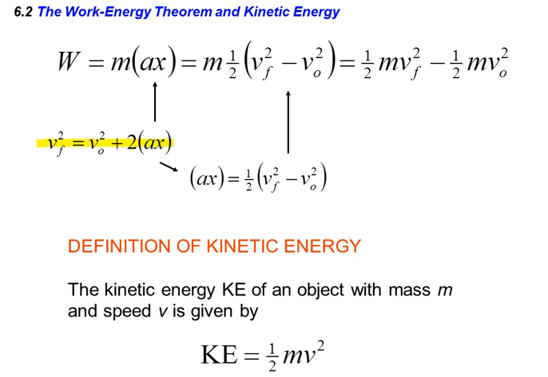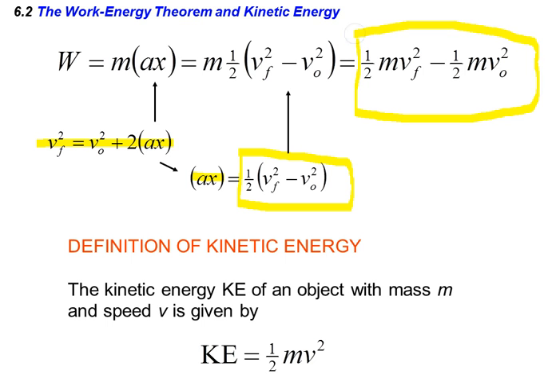So if we solve this equation for ax, we find this expression of 1/2 times the difference of the squares of the velocities. So if we substitute that back in, we get this unique result that the work is equal to 1/2 mv squared, where v is the final velocity, minus 1/2 mv squared, where v is the initial velocity.